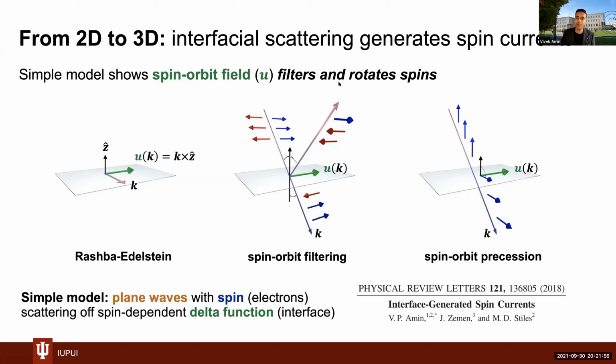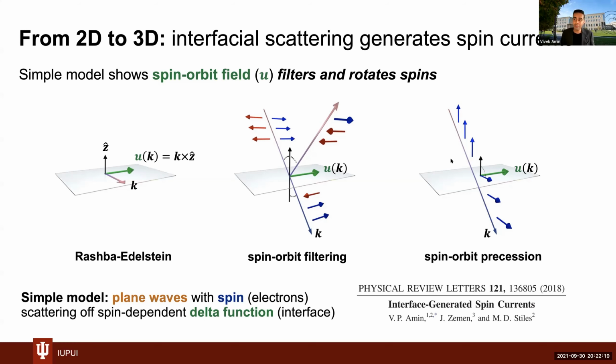And so what you have is some spins, like say these red spins, preferentially reflected, and other spins, say these blue spins, preferentially transmitted. And so basically the interface acts like a filter for spins, and that results in a net spin current flowing in the perpendicular direction. And so for lack of a better term, we call this spin-orbit filtering.